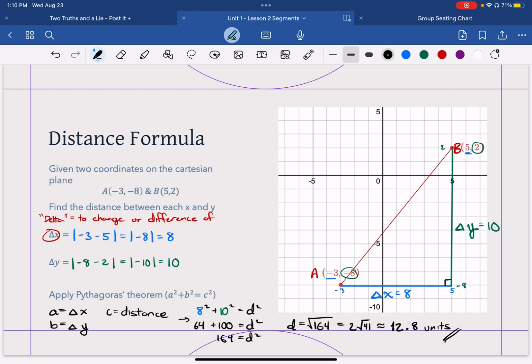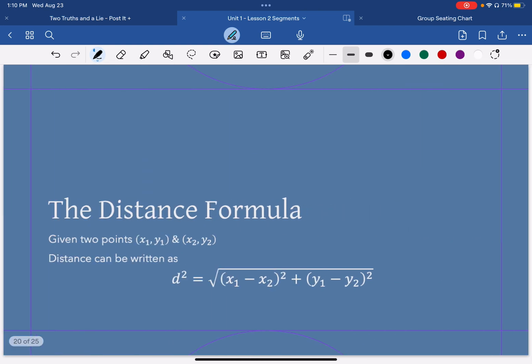So we can see that we can find the distance by applying this Pythagorean theorem. Now I've chunked it out for you, but we actually have a formula which looks like this.